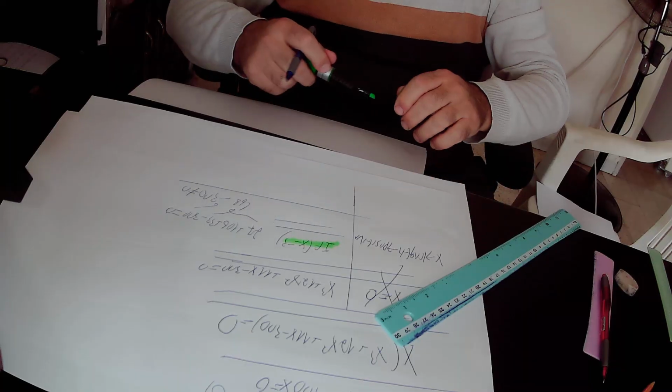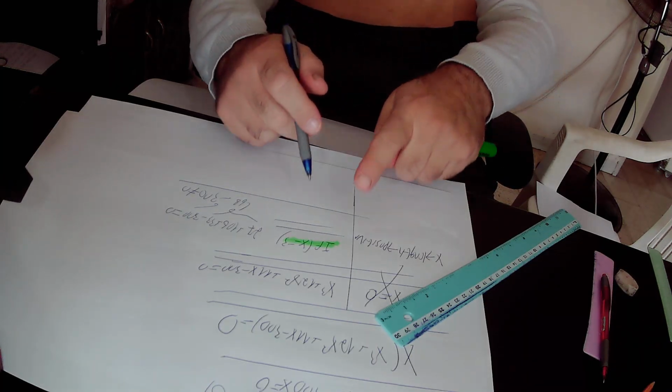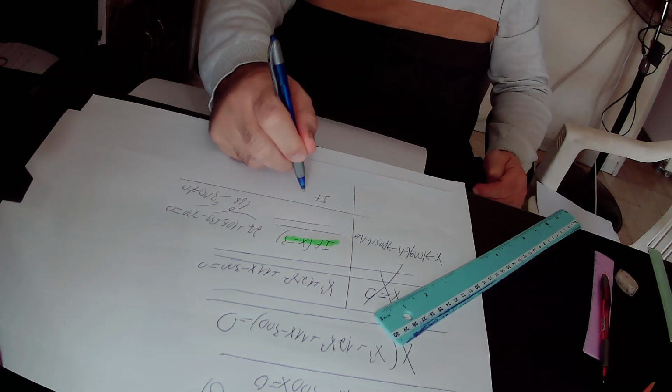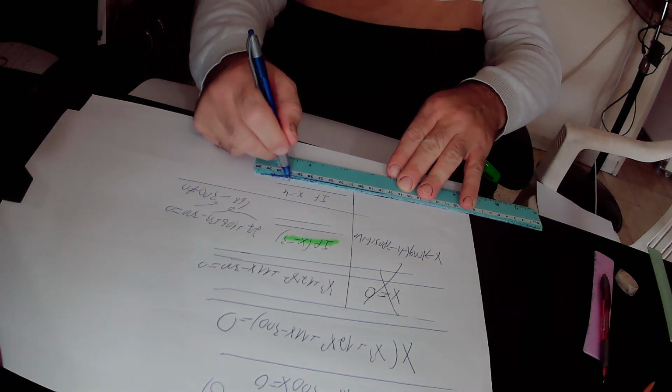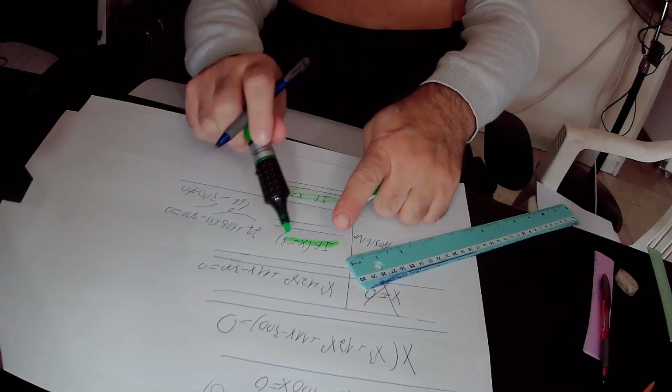In the next step, we'll check whether x equals 4 solves this equation. If x equals 4, you just have to substitute x by 4.